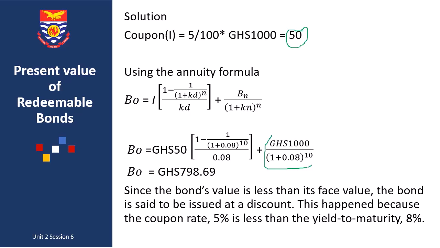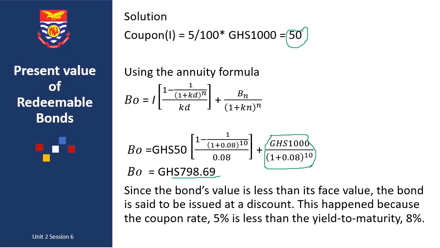We have to discount the face value to its present state. So 1,000 over the discount factor, which is 1 plus the 8% exponent 10. So at the end we are going to get 798.69.